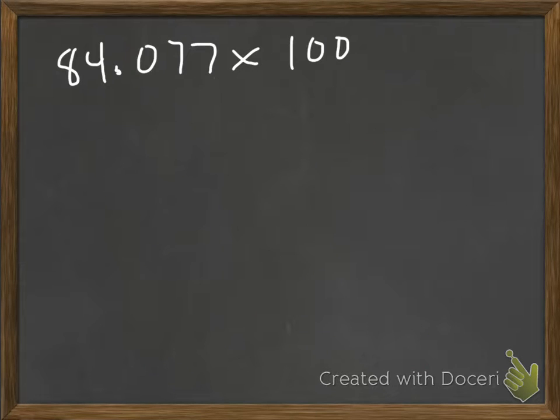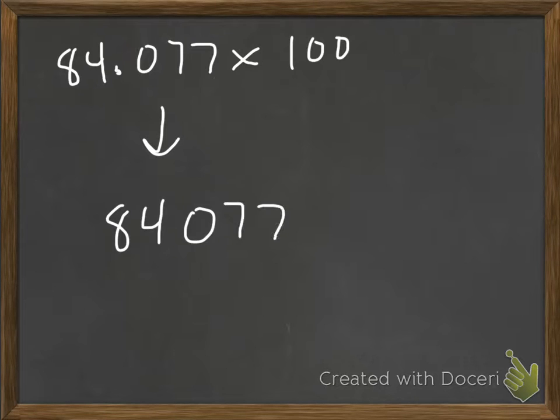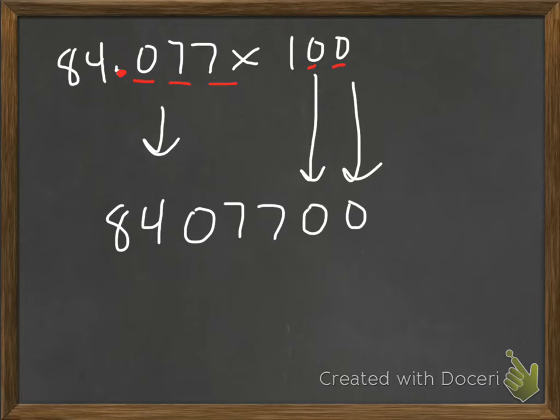Here's a big one that they see, and they get scared thinking, wow, that's huge, and they have to work it out. Actually, they don't. And then you look at what it's multiplied by, whether it's 10, 100, or 1,000, and you count how many zeros there are, and there's 2. So I'm going to add those 2 zeros right down here. Now I go back and look at my decimal, and there's 1, 2, 3 places.